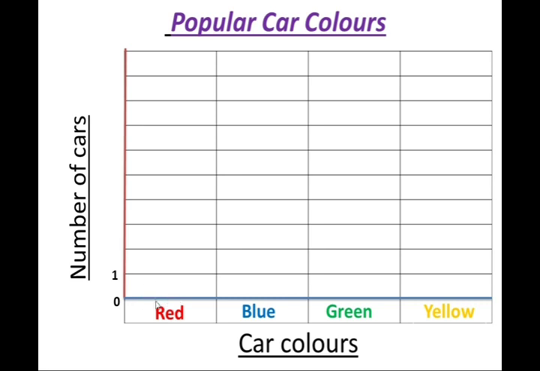From the 0 line until the first line, if your bar stops at this line, you know that you have only counted 1 car. So we are going to put this numbering system against each line or each mark of the y-axis, and this is now our scale. Our scale is a counting pattern of numbers in ones.